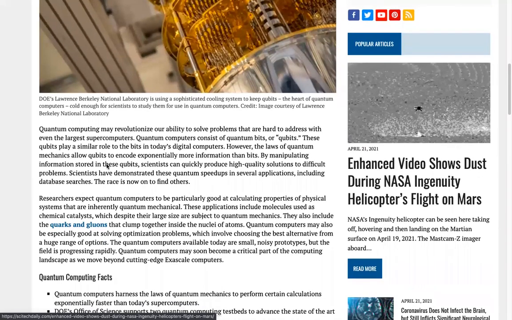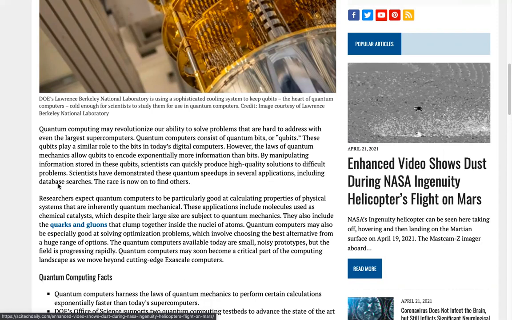By manipulating the information stored in these qubits, scientists can quickly produce high quality solutions to difficult problems. So it does speed things up, right? And scientists have demonstrated these quantum speed ups in several applications, including database searches. Cool. So this is a new thing, right?